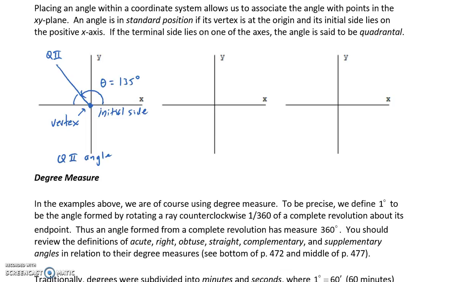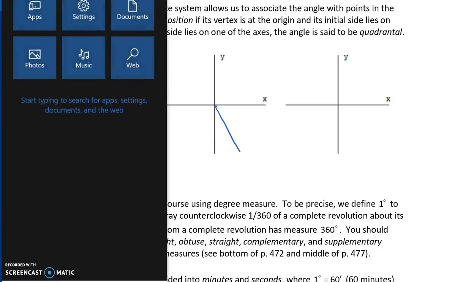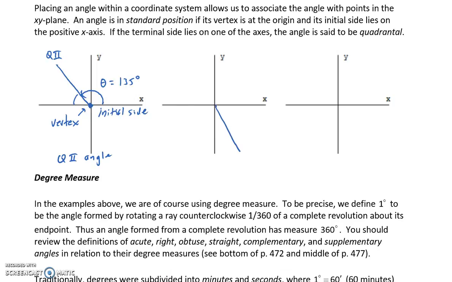Another example would be we might have a clockwise rotation. Maybe, say, the terminal side ends up here, and we have the ray swept out in a clockwise direction, and perhaps this is theta equals negative 60 degrees.